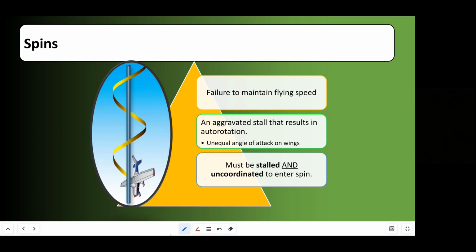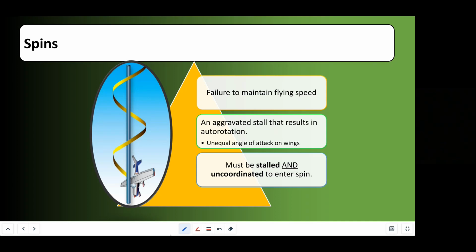First and foremost, you have to be stalled in order to spin. So the safest way to prevent a spin is don't ever stall the airplane. Maintain your flying speed. Unfortunately, we're a training organization and we intentionally stall aircraft. We intentionally fly them slow, right? So we have to make sure that we don't aggravate that stall with an uncoordinated condition.